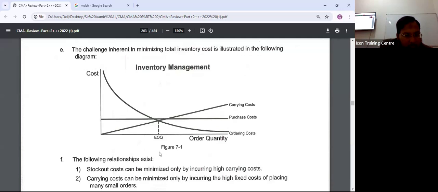If you order less quantity, if you go to the left side of the graph, the carrying cost decreases, but your purchase cost is high. And if you move to the right side of the graph, the purchase cost remains constant, but carrying cost is increasing at the same time. So you try to achieve a point where the sum of both costs is lowest.